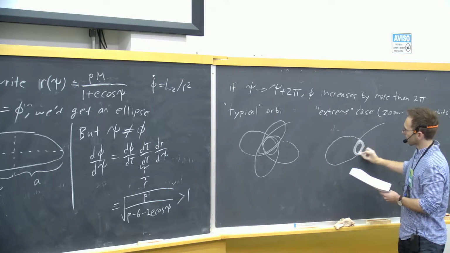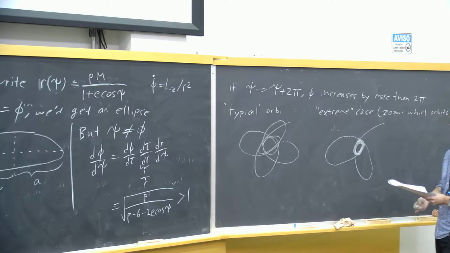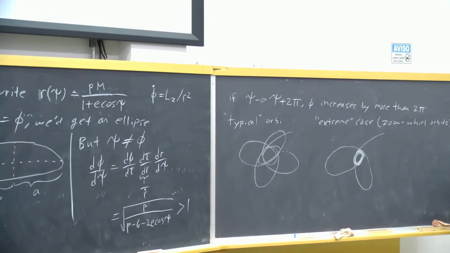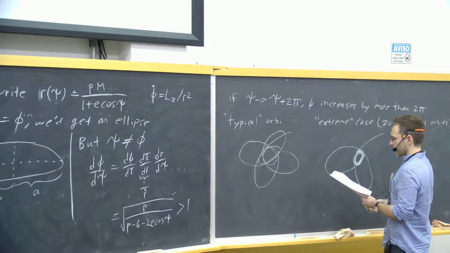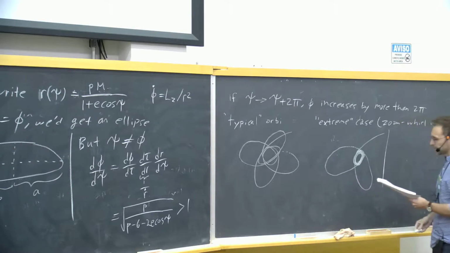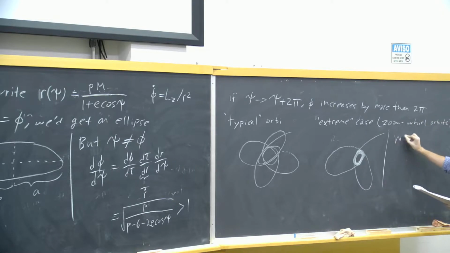We keep on whirling, come back out sometime, and like that. And by choosing P and E appropriately, you can make it whirl as many times as you like, infinite number of times if you want to. So here, we have r as a function of psi, and phi as a function of psi.